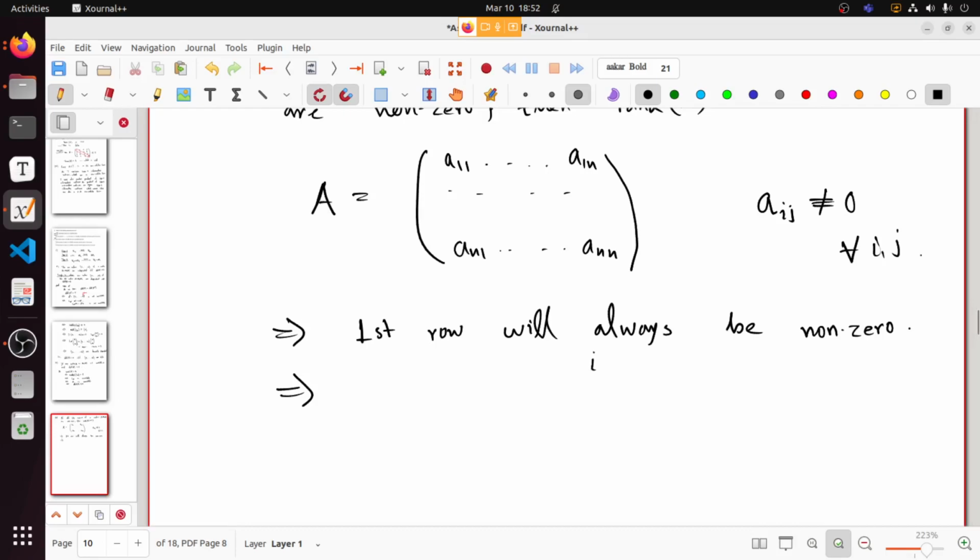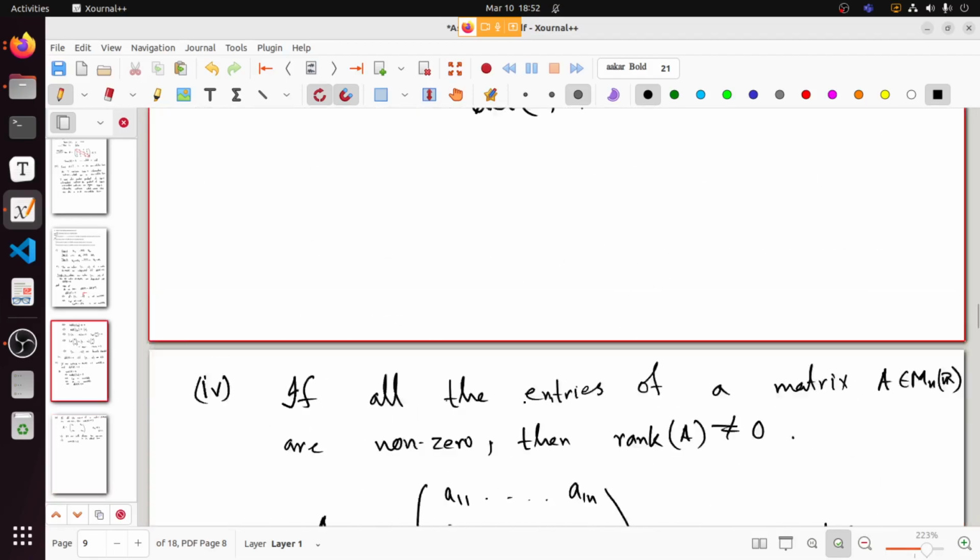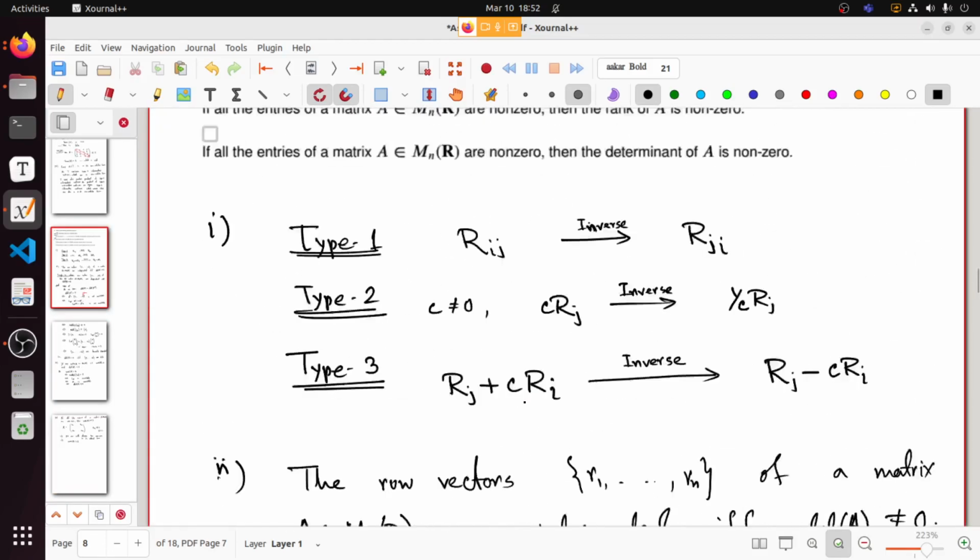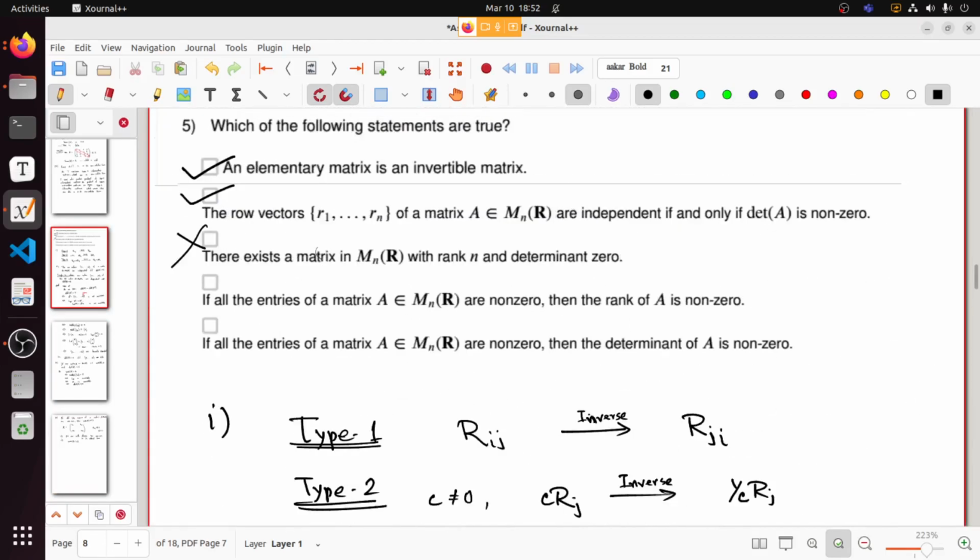So the first row will always be non-zero in its reduced form, which implies the rank of A is always greater than or equal to 1, right? So option number 4 is correct: if all the entries are non-zero, then the rank of A is non-zero. So this is correct.